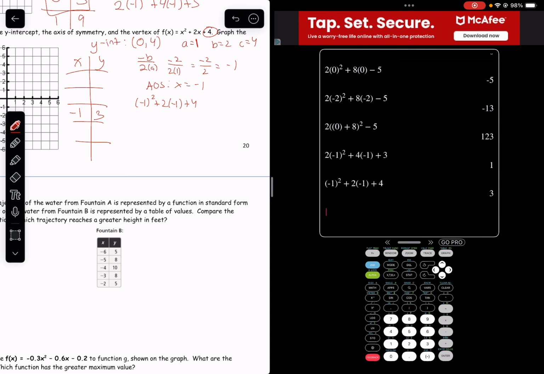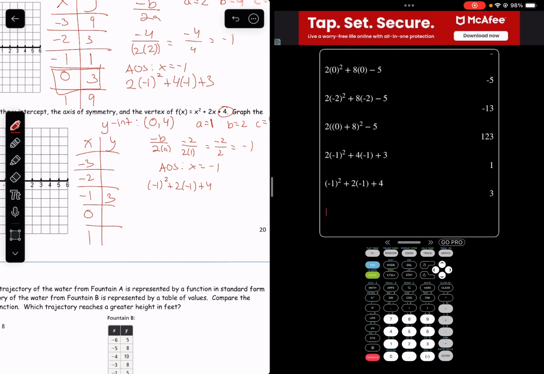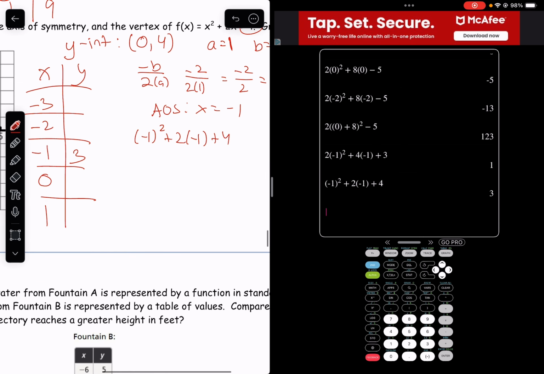So if for some reason you don't have your graphing calculator, you could go through and find the 2 points ahead. So behind -1, we've got -2 and -3, and in front of -1, we've got 0 and 1, just like you're counting. And to get your output, you could just go through and plug these in, right?